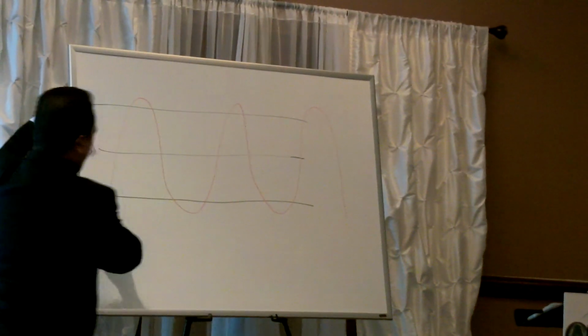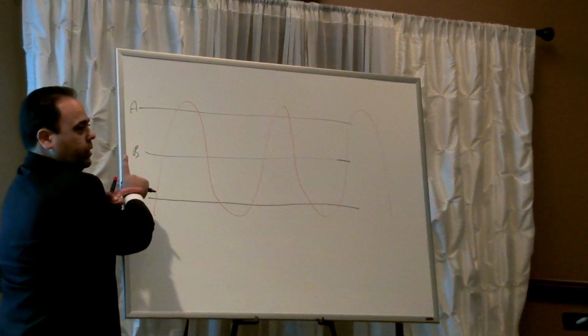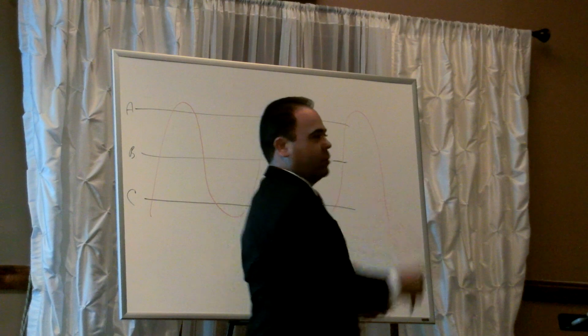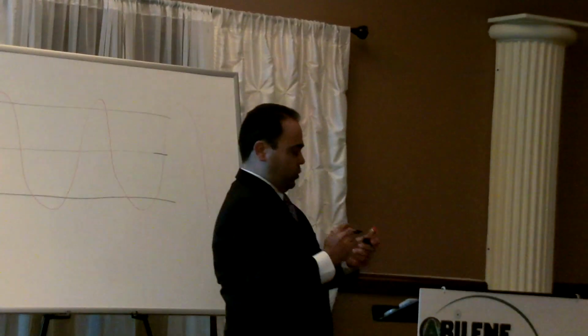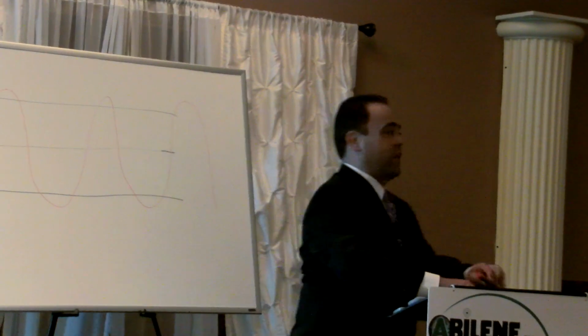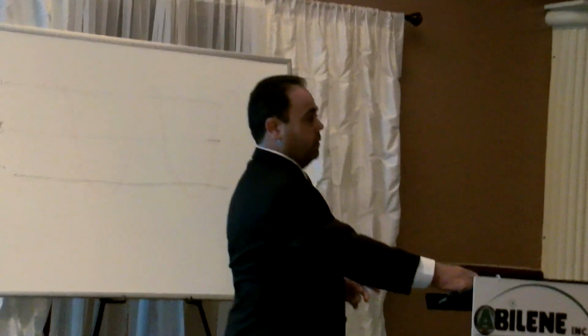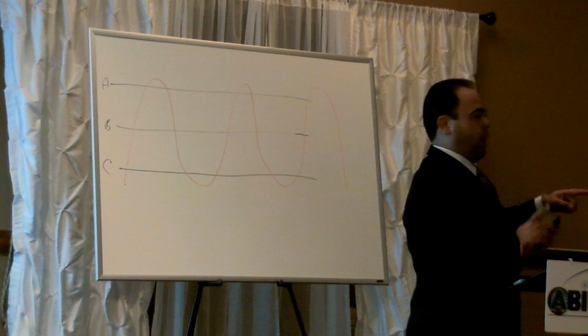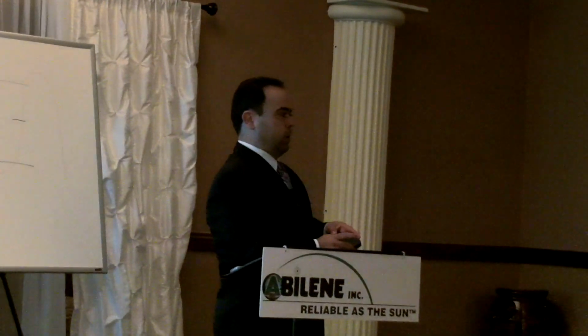If I change any of these two wires, what am I doing? I'm switching the rotation of this sine wave. Now it's going in the opposite direction, just by switching those two wires. So it's that alternating current, how it alternates from phase to phase, that produces your rotation, okay?